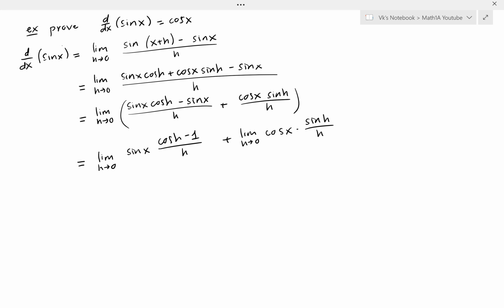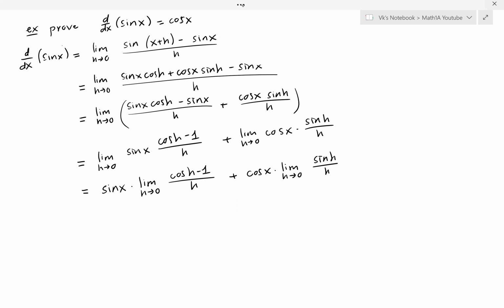The limit has nothing to do with x, so we can pull it out: sine x times limit h goes to 0 of (cosine h minus 1) over h, plus, similarly, the limit has nothing to do with x, so we can pull out the cosine x times limit h goes to 0 of sine h over h.